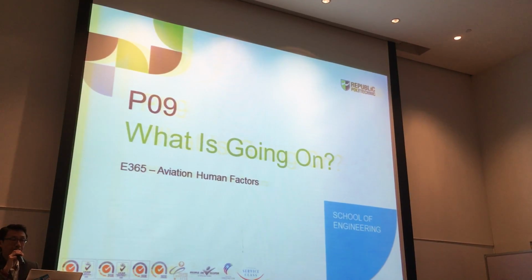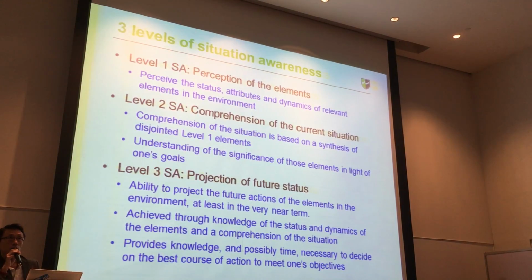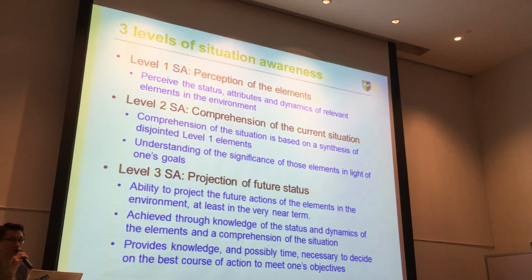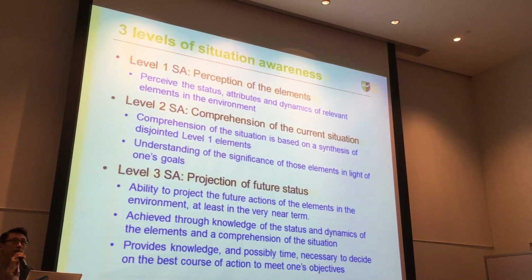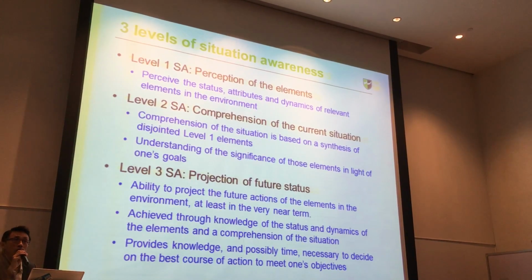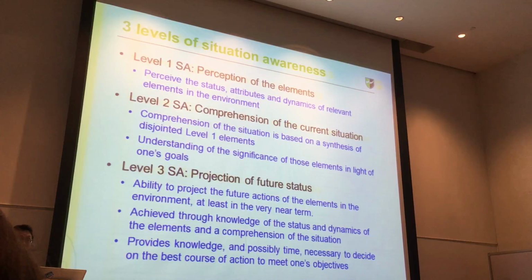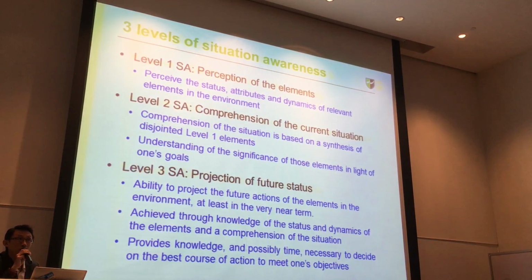P9. Amongst all the problems, I think P9 is one of the more difficult ones to understand. But if we break it down to its basics, it all boils down to this slide, the 3 levels of situation awareness.